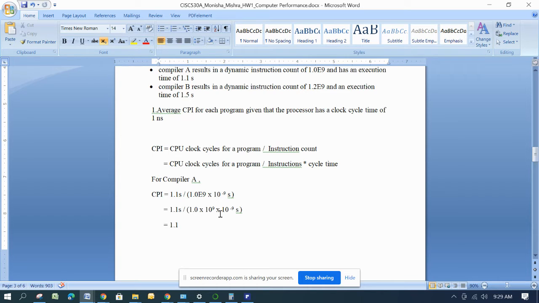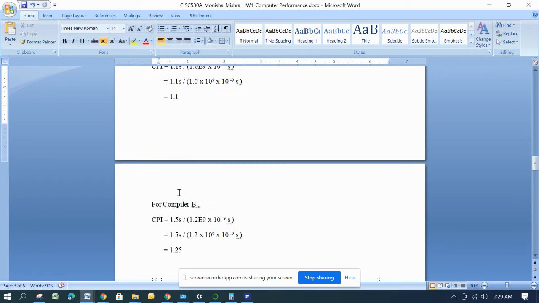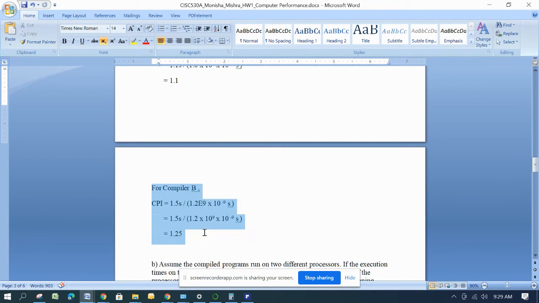For compiler A, CPI equals 1.1 seconds divided by the instruction count, 1.0 E9, that is 1.0 into 10 to the power 9, into cycle time, which is specified as 1 nanosecond, 10 to the power minus 9 seconds. After computing, we find the CPI, or clock cycles per instruction, is 1.1. Same calculation for compiler B, and the result is 1.25.